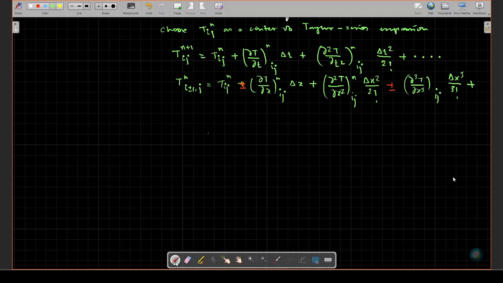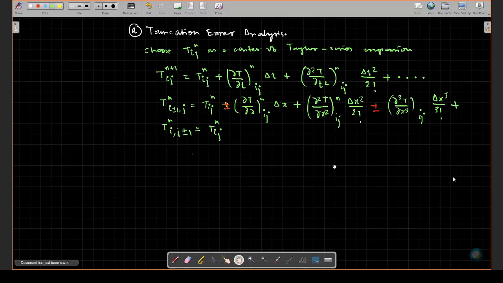Now again we can write the same for T_i, j plus minus 1, T_ij plus minus 1. For that, T_ij is the center point of our expansion, and these delta x's, delta x and delta y, are around that.